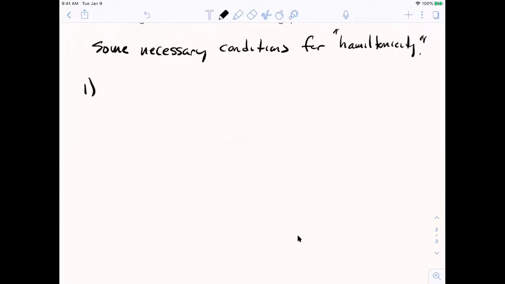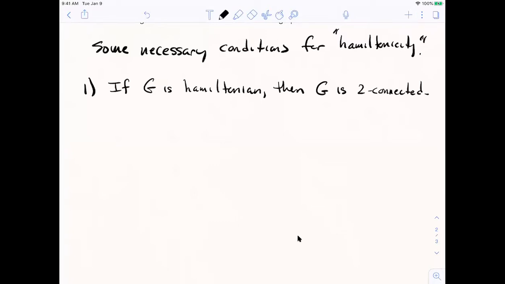If your graph is Hamiltonian, then you're two connected. If Ryan or Kyle were here, he could tell us, what do I mean by two connected?